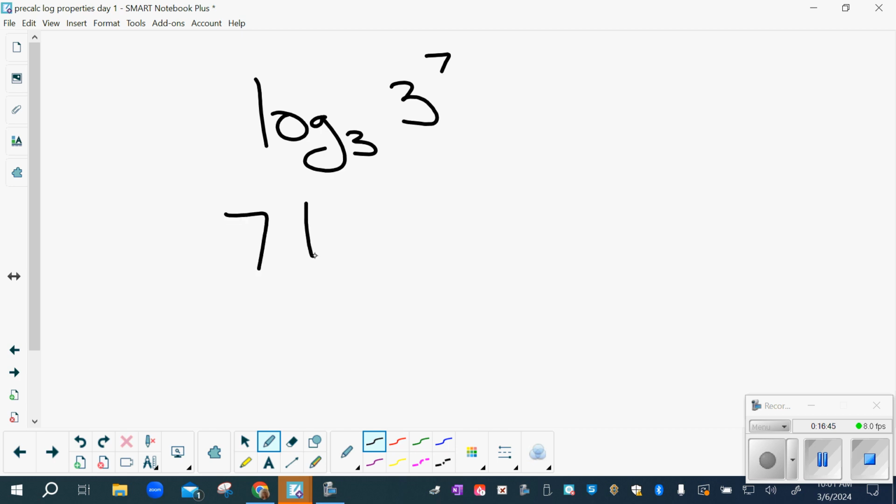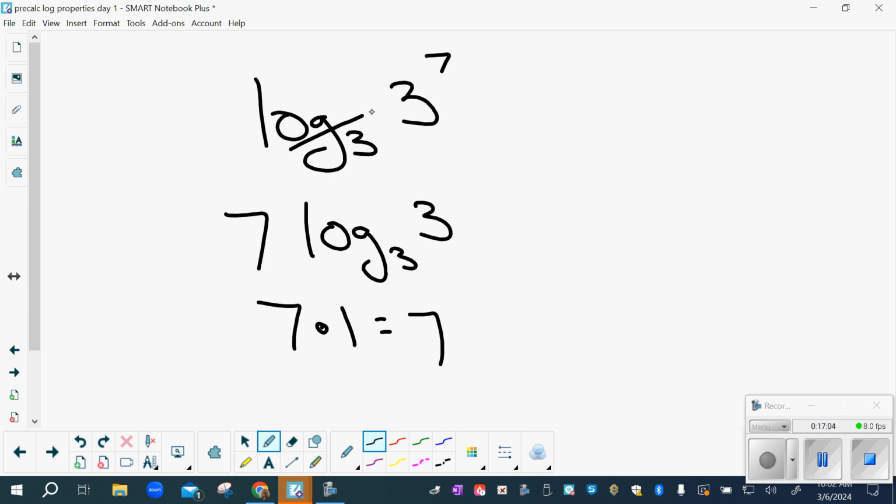So we get 7 log base 3 of 3. And what turns 3 into 3? 1 does. So that's why, remember when I said I will explain why they kind of cancel each other out? They don't truly cancel each other out. That just becomes 1, and when we dropped it to the front, the 7 is all that's left.